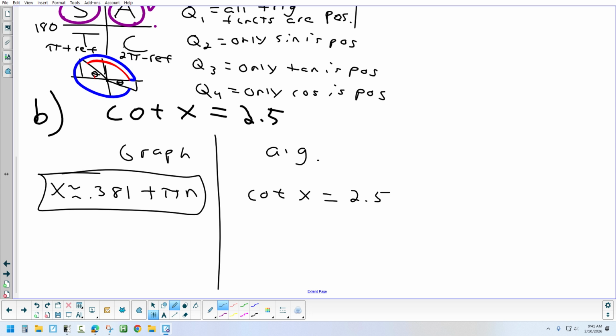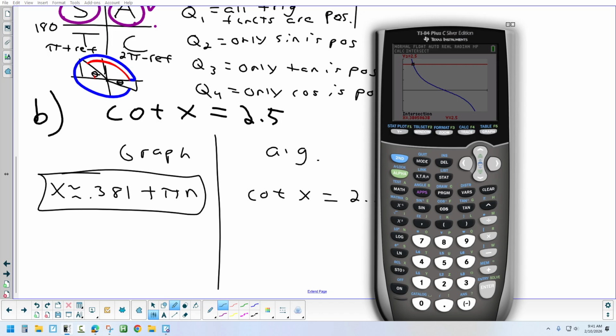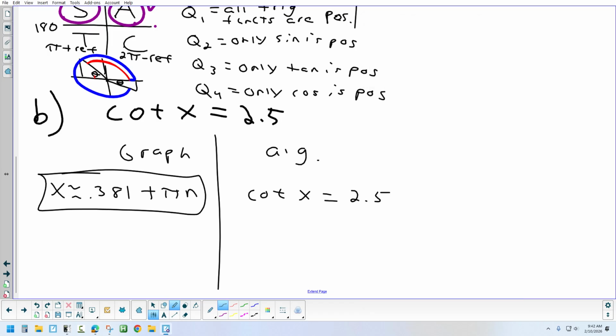We haven't really specifically talked about this, but what function do you think would cancel out cotangent? Maybe tangent. No, tangent doesn't cancel out cotangent. They're reciprocals. Inverse cotangent? Well, we don't have an inverse cotangent button. So we can't quite do it that way.